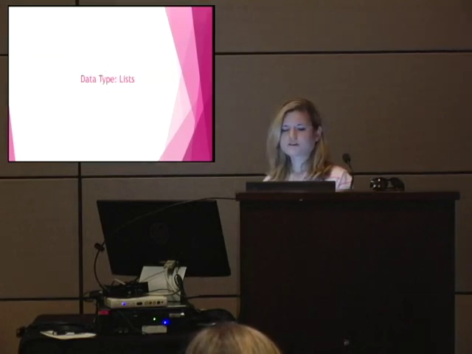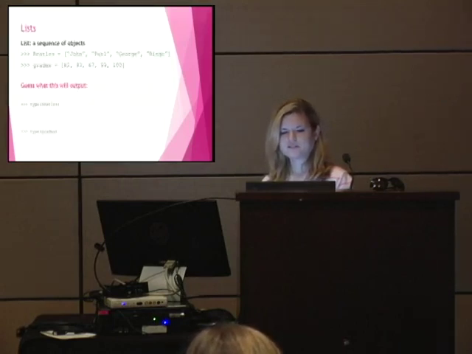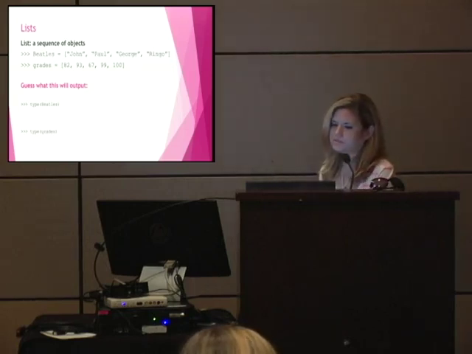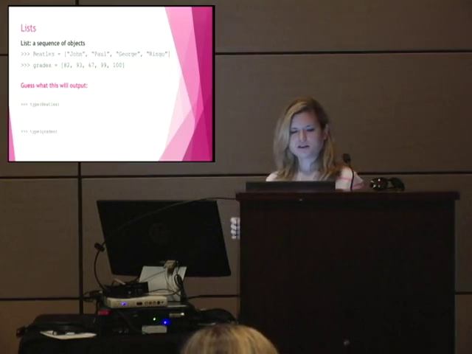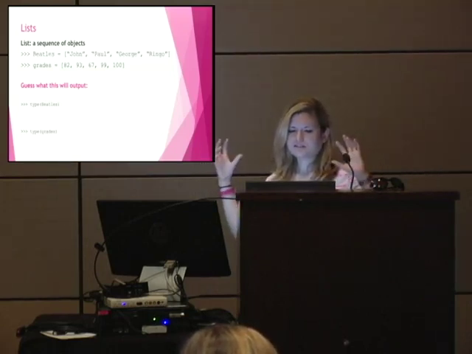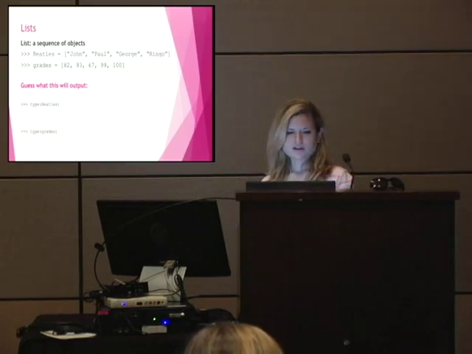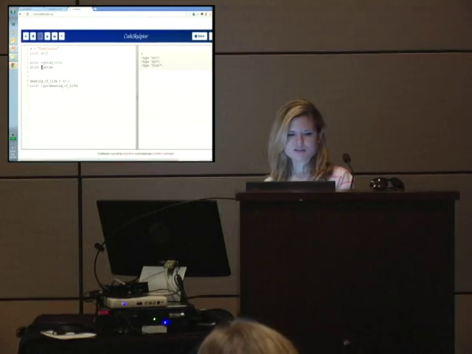So there are also other things called lists, right? So a list is just a sequence of objects, John, Paul, George, Ringo. Or a series of grades just collected into one neat little bundle. And you can index through a list precisely how you index through a string.